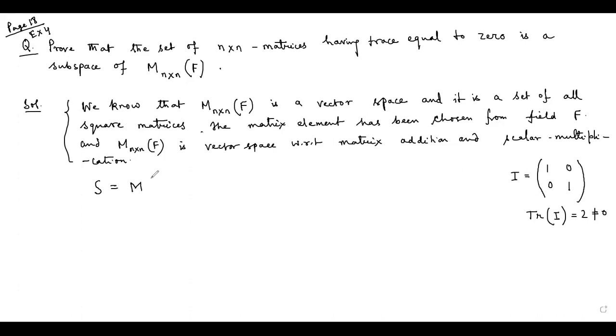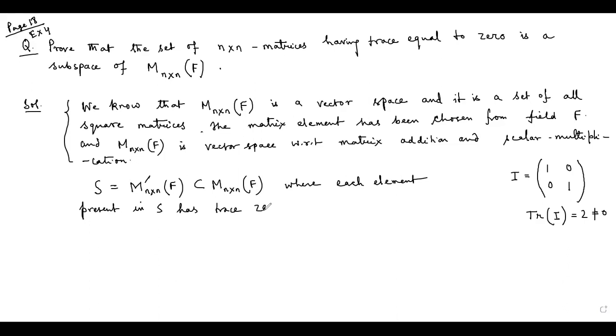Let us denote this by, say for example, M prime n cross n F. This is the subset of the set M n cross n F, where each element present in S has trace 0. Only those square matrices have been considered over here whose trace is 0. That is the set capital S, and we need to show whether this particular set is a subspace or not.